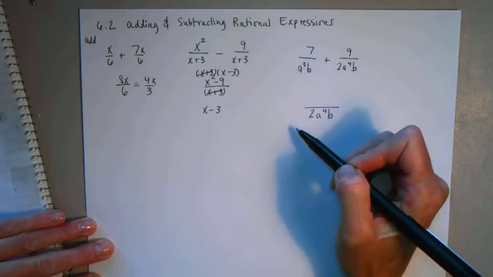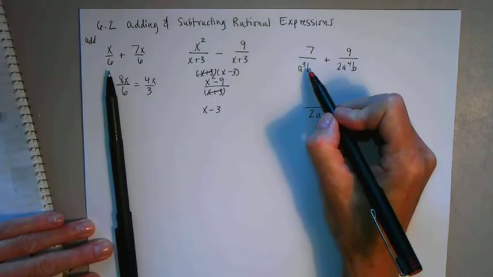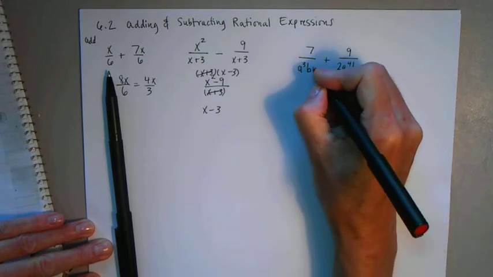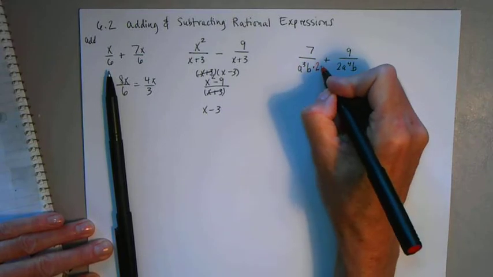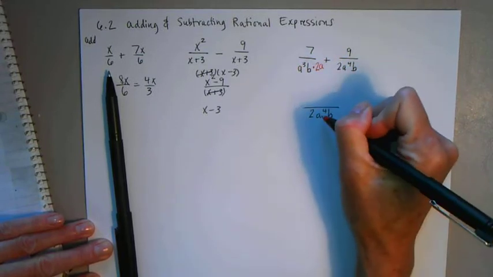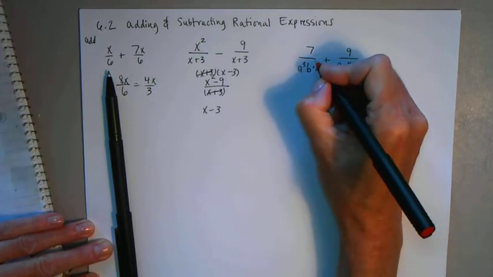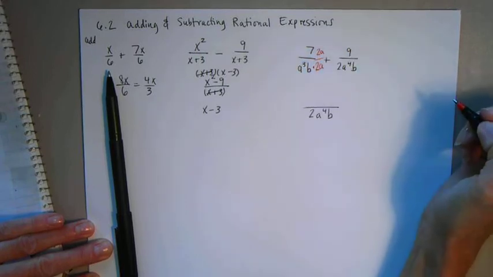So in other words, now I'm going to come up to this and go, okay, what do I have to multiply by to get that common denominator? And I can see that I need to multiply by a 2. And I also see I need one more a, because we know a to the third times a is a to the fourth. But we can't just multiply by something unless we make it legal by doing it to the numerator also.